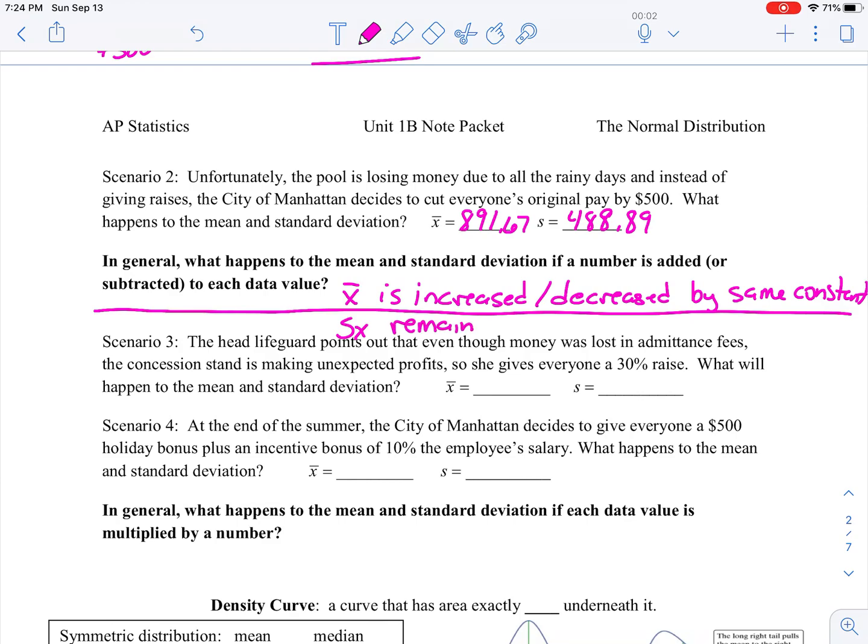Standard deviation remains the same. Now, that question specifically asked for mean and standard deviation, so that's what we put in there.